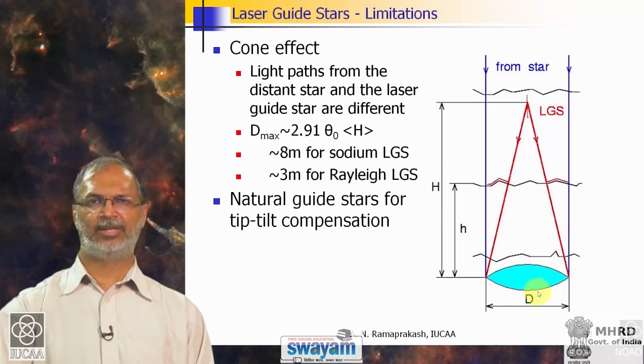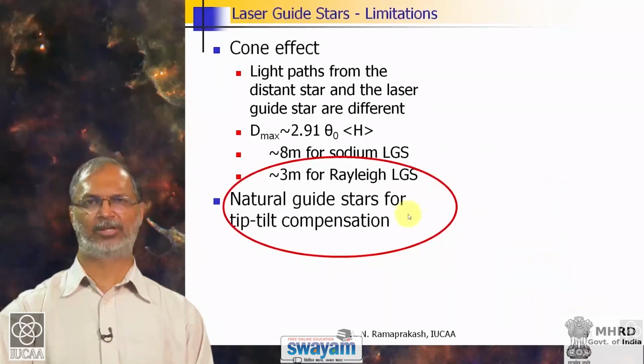But on the other hand, when the telescope apertures become larger and larger, this compensation will not work, and you will very often need multiple guide stars, multiple laser guide stars. I will come to that in a moment.